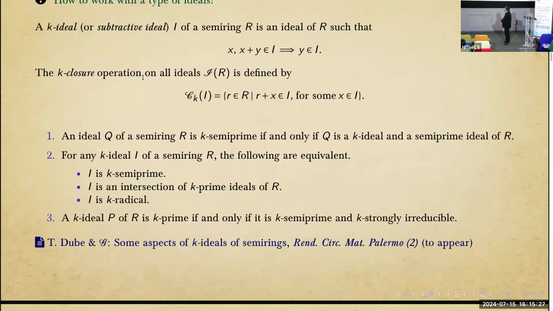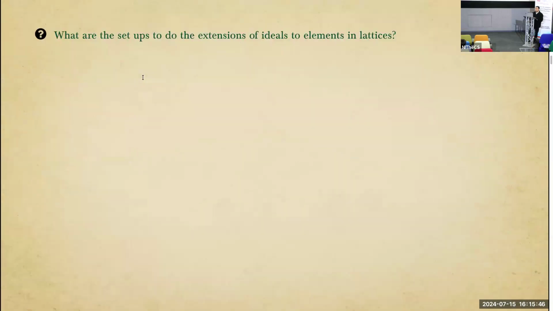And we wanted to study further properties on K ideals of these semirings, like what I said. And to the best of our knowledge, we wanted to use specifically these closure operations, which to us are quite fruitful to study special types of classes of ideals.